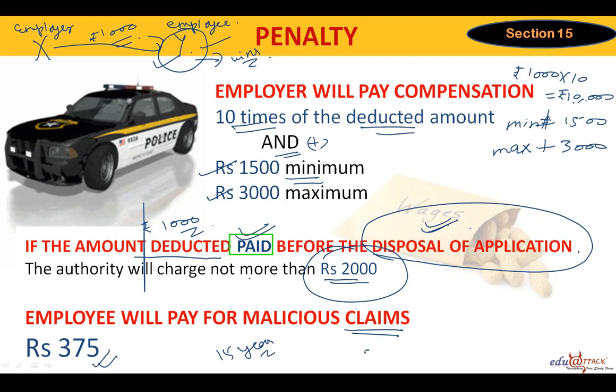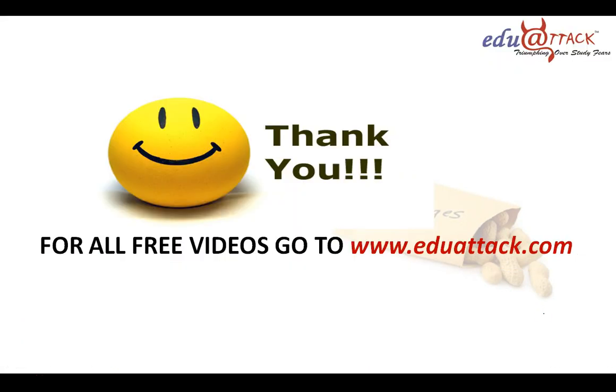And one more thing I have to tell you, that according to Section 8 of this Act, the maximum fine an employer can impose on an employee is 3% of the wages. Not more than 3% of the wages will the employee pay to any employer. So these were the penalty and fines related sections. I hope you are clear.